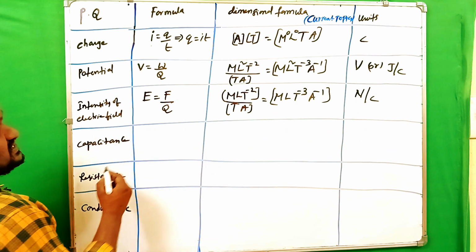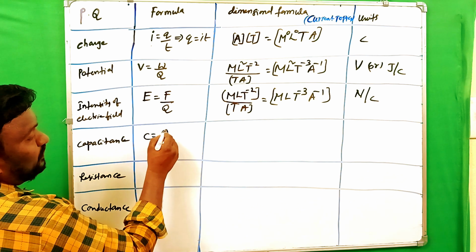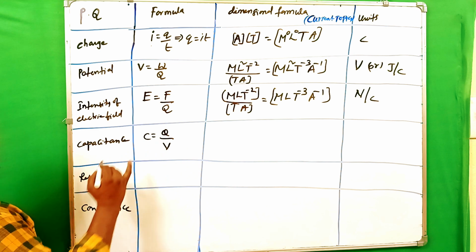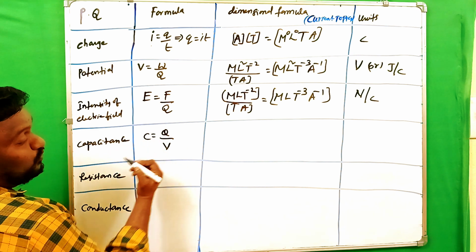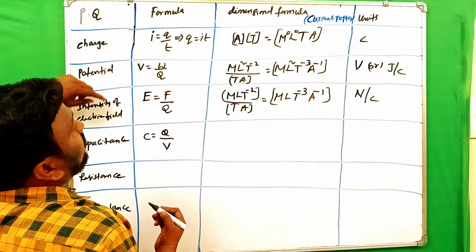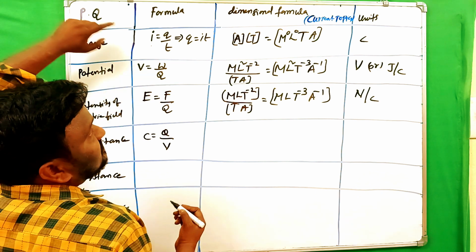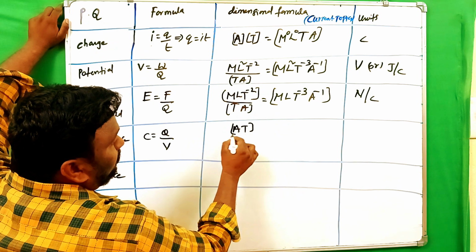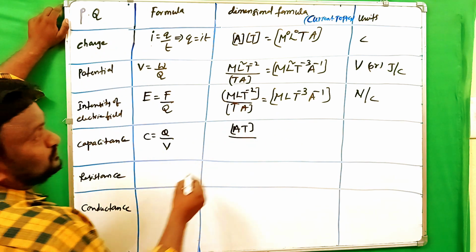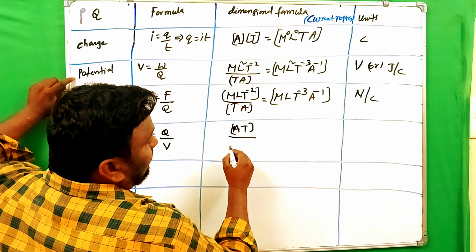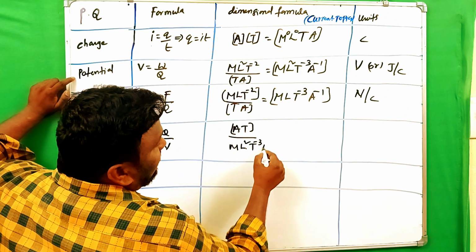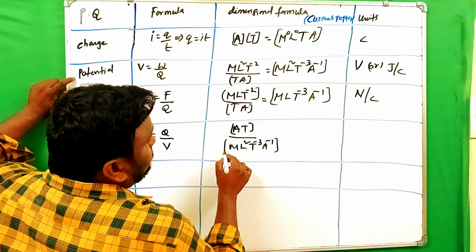And capacitance C is equal to Q by V. Here Q is charge and V is potential. We already know the dimension formula of charge is A T, and of potential is M L square T inverse 3 A inverse 1.